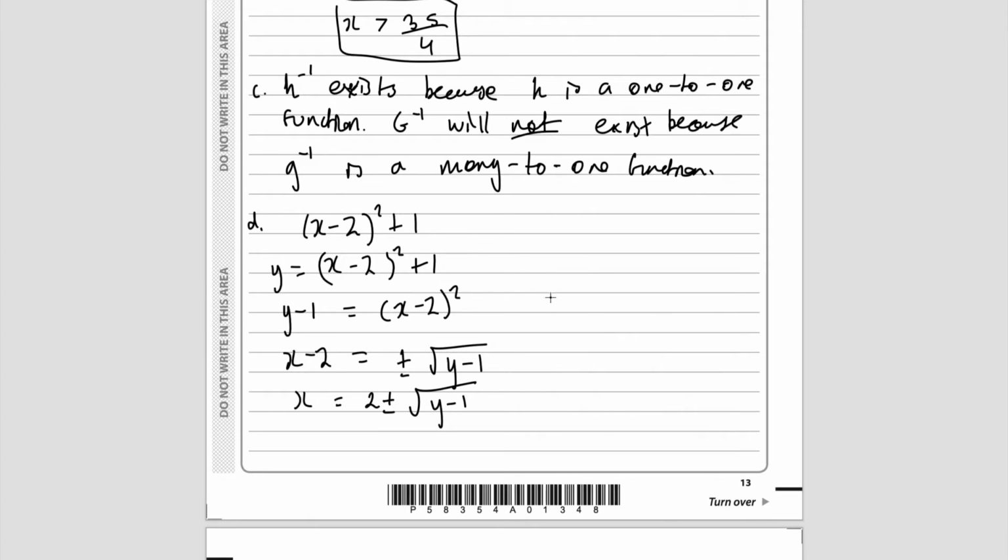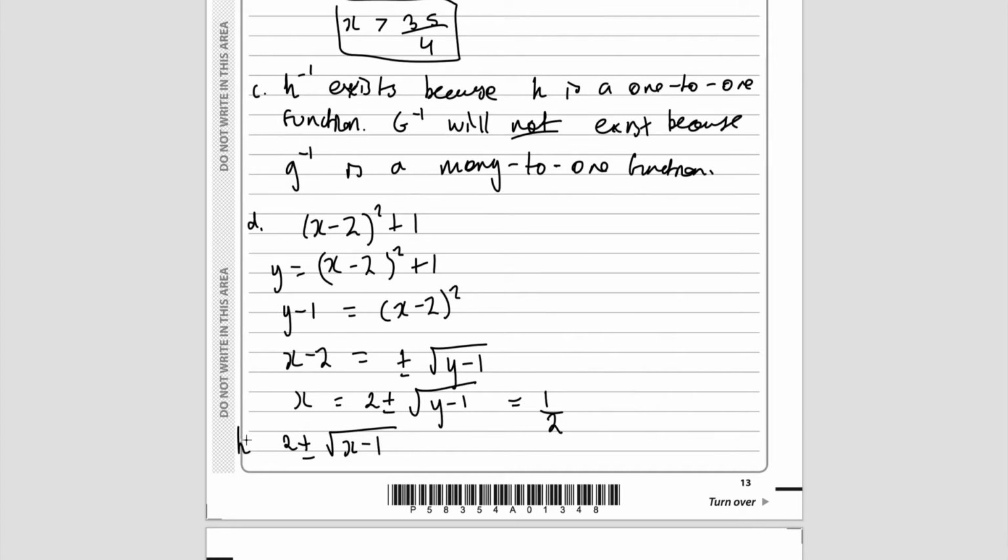And this is going to be equal to a half. But one thing we need to remember is that we've set y equal to this. So the inverse is going to be 2 plus or minus the square root of x minus 1, because we've used the old trick of saying y equal to this function, rearranged it to make x the subject, but at the end we need to remember to substitute x instead of y.